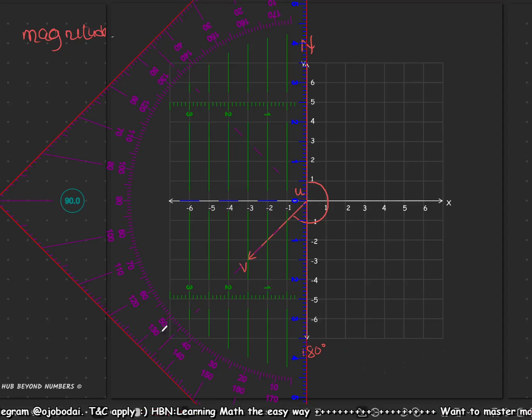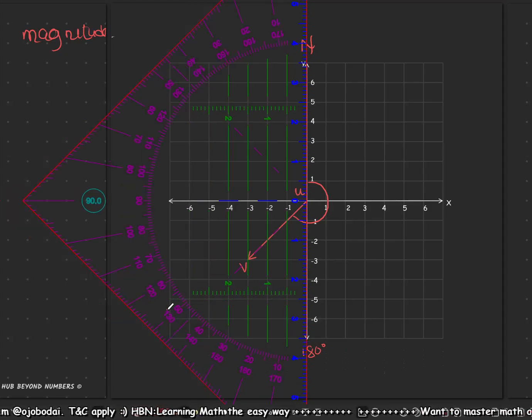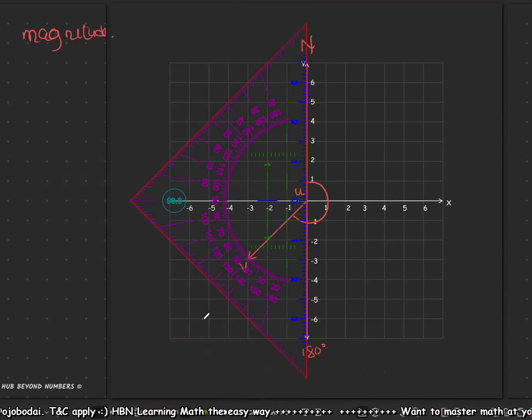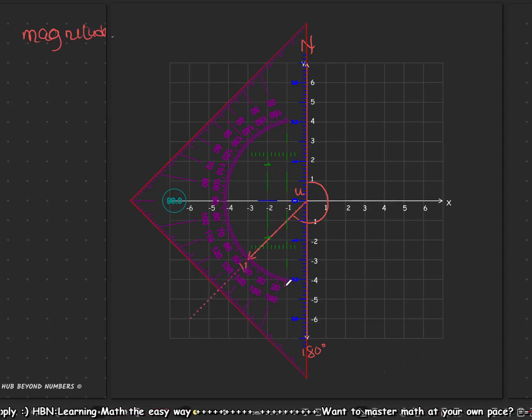Now if you look at it carefully, you realize that it passes through my 45 degrees. If I'm to use dotted line to trace that out, you see where it passes through. We are starting, I am using my inner calibration because that is where I have my 0. So 0, then I have my 10 somewhere around here, 20, 30, 40, and 45.